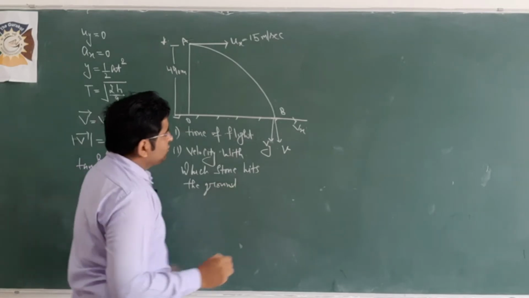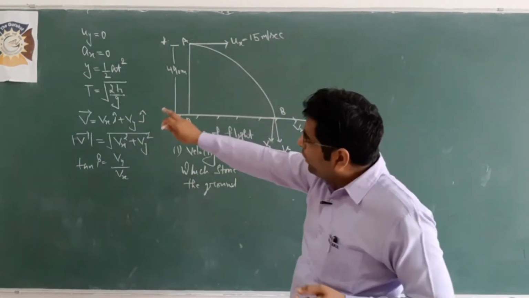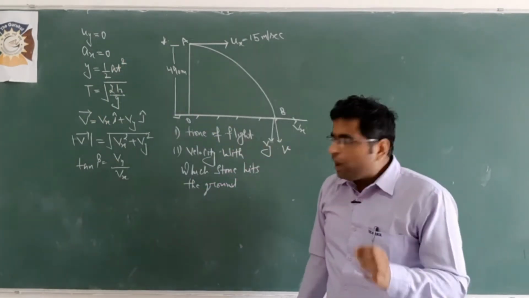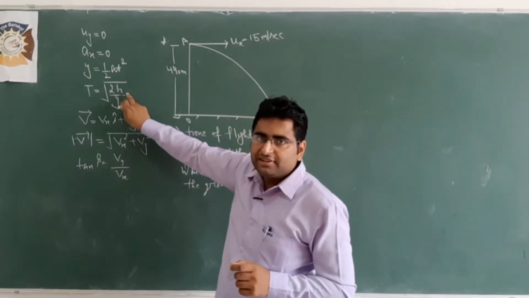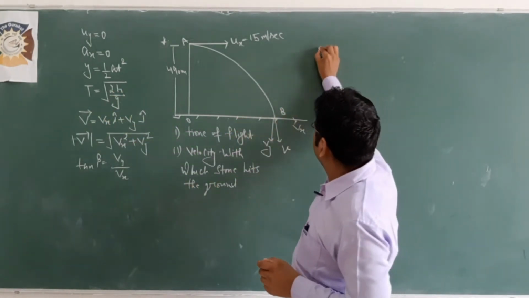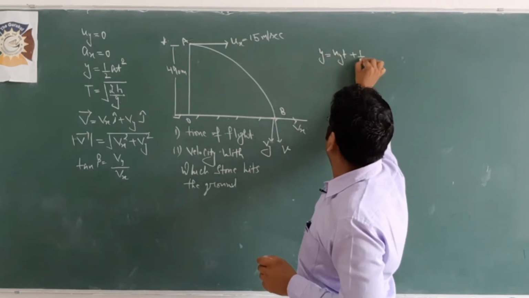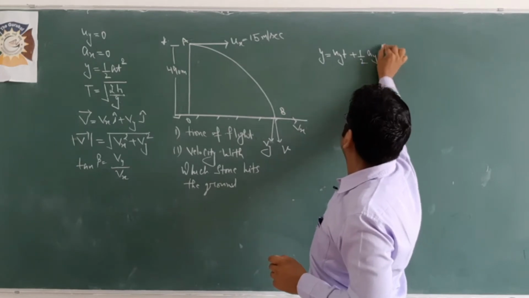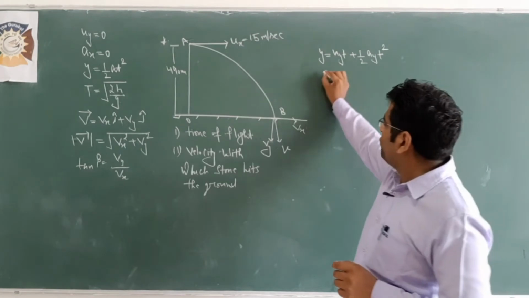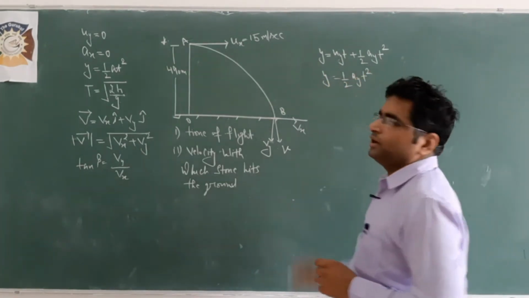So with the first question, time of flight, we have equation y equal to 1 by 2 at square. Again I will tell how this equation will come to us for time period, that is under root 2h upon g. But along y axis we can write y equal to uy t plus 1 by 2 ay t square. The value of uy is equal to 0. So y we can write 1 by 2 ay t square.